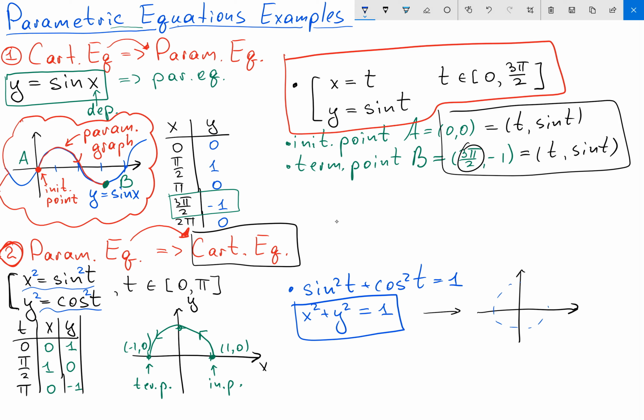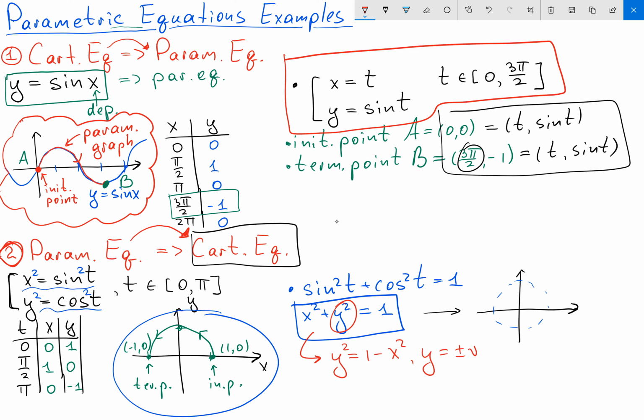But here we need to be careful, because my parametric graph is only an upper half of the circle. So what do I need to do with this equation? Since I have the upper half, I need to solve this equation for the y variable. I will have y squared equals 1 minus x squared, or y equals plus or minus the square root of 1 minus x squared.